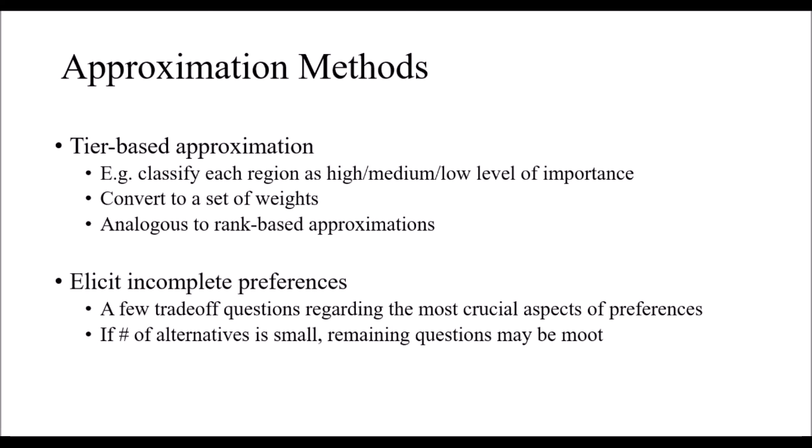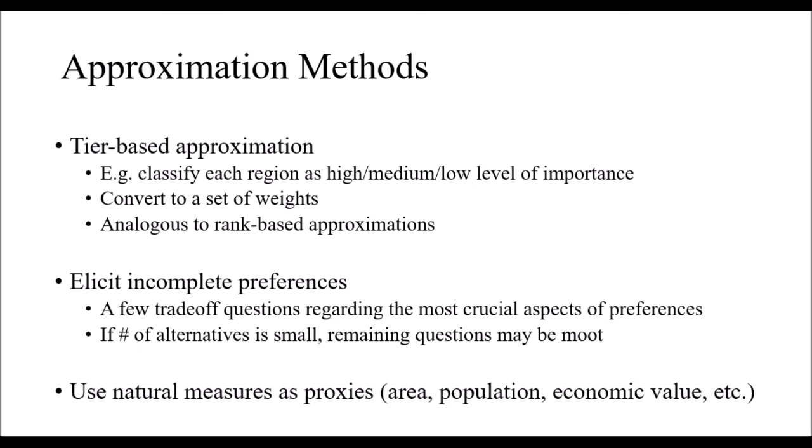So if you know what regions or what attributes are really the drivers of this decision, you could focus more on those and not worry about two empty tracts at the edge of the map that you know nobody's going to care very much about. All right, and if you don't have a lot of alternatives to choose from, it's possible that you may already have your answer without going through the entire process.